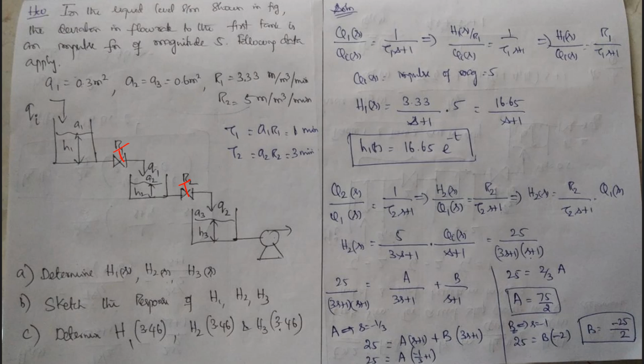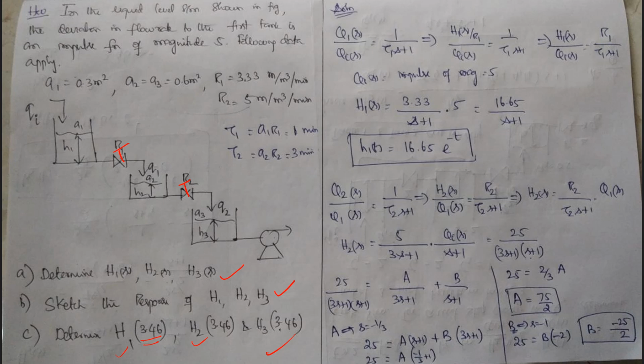From this we have to find the transfer functions of H1, H2, and H3, and sketch the response. You have to find, when the time is 3.46, what the H1 level, H2 level, and H3 level are. In order to do that, first we have to derive the transfer function.